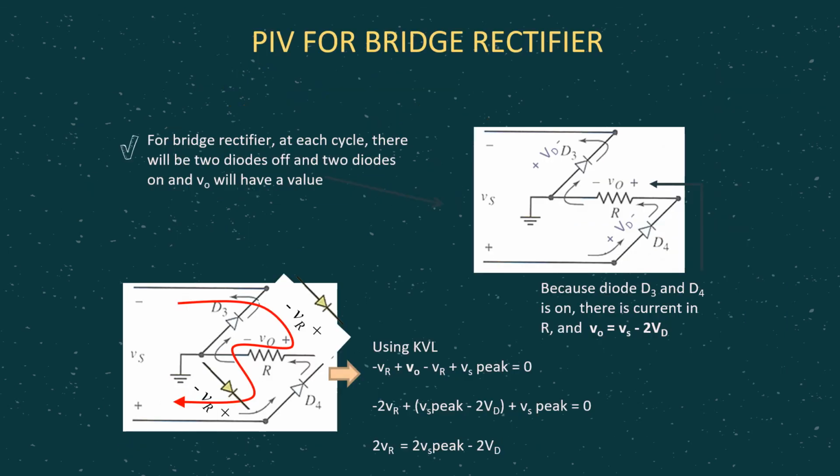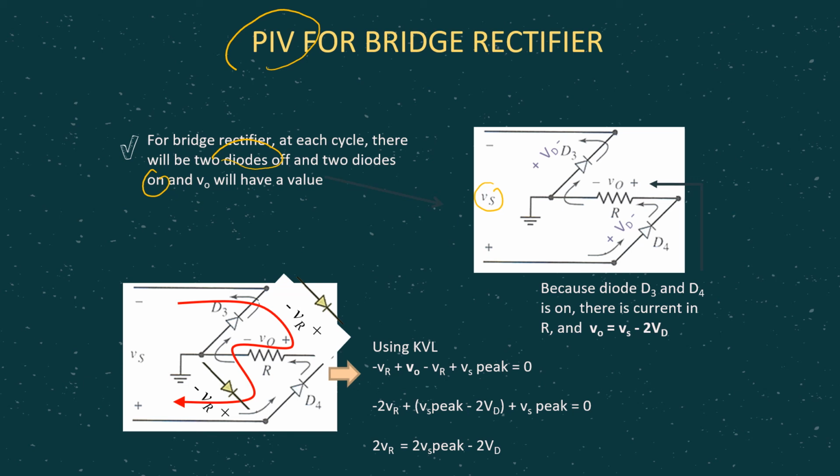Then how do we calculate PIV for bridge rectifier? It's just the same thing. As we know, at each cycle, two diodes will be off and two diodes will be on. So we are focusing on the off diodes, because we are taking into account the reverse bias condition, since we want to check the maximum voltage during reverse bias condition. So let's have a look at this one where Vs is at negative half cycle.